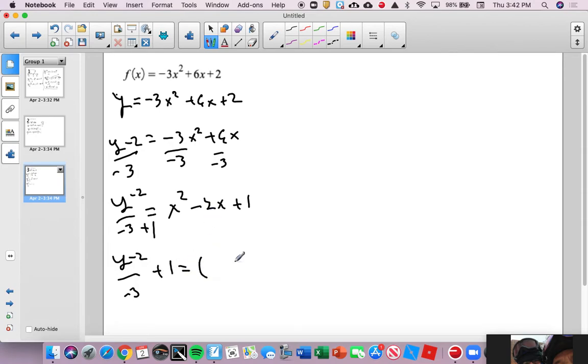And I'll go ahead and write this as a perfect square. And then I can start working all this back apart. Go ahead and start up here. So the first thing I'm going to do is subtract 1.